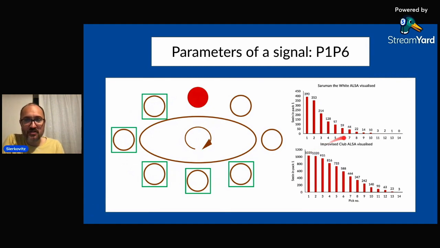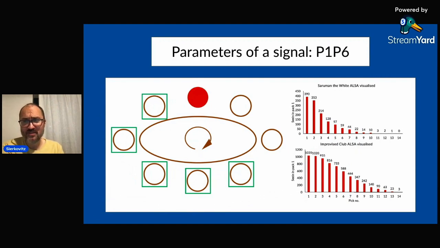And in the same situation, when you look at improvised club, it's around 60% of the time still in the pack. So if you see Saruman and improvised club in that pack, you might think, well, okay, Saruman, that's pretty neat, because that shouldn't be here already by that time, or it's not going to be common that it's going to be there at that time.